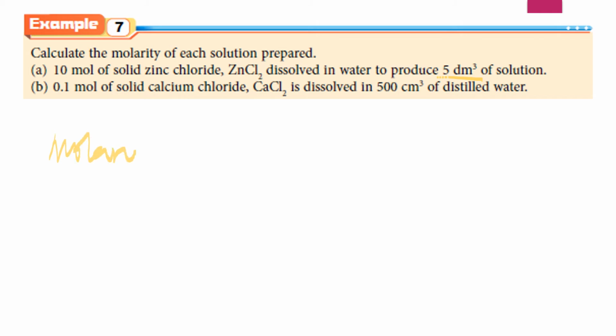You can write molarity or concentration equals number of mole over volume, volume in decimeter cube. So given the number of mole is 10 over the volume now is 5. Then you get the molarity or concentration is 2 mole per cubic decimeter.